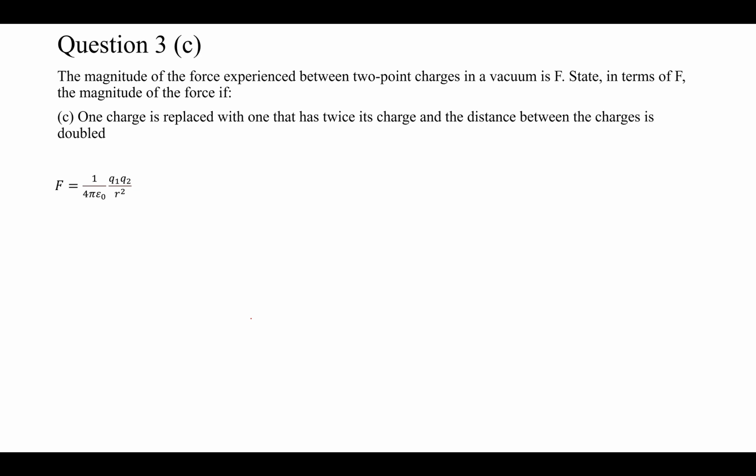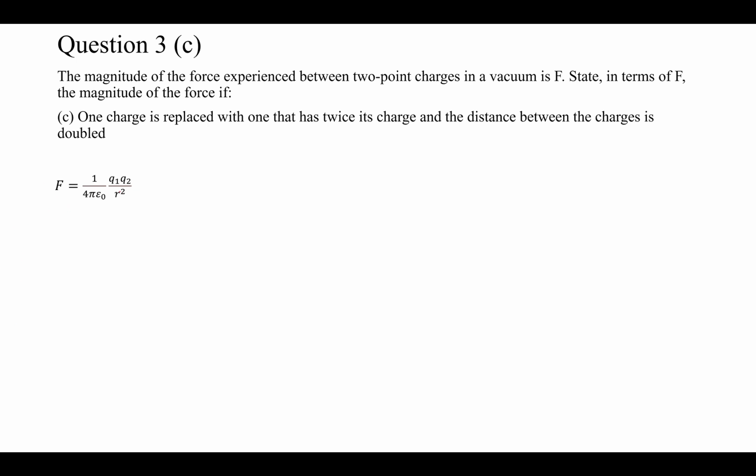Okay, part C. The magnitude of the force experienced between 2-point charges in a vacuum is F. State in terms of F the magnitude of the force if one charge is replaced with one that has twice its charge and the distance between the charges is doubled. Okay, so it sounds a bit more complicated, a bit different to what we've done before, but in reality it's not.